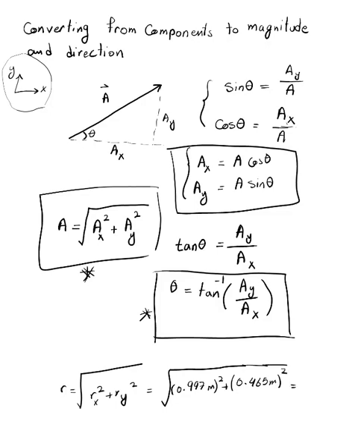This is going to give me 1.1 meters, and you can actually calculate it. And then you can get theta from tangent inverse of Ry, which is 0.465 meters, divided by Rx, 0.997 meters, and then you calculate it and you get 25 degrees.